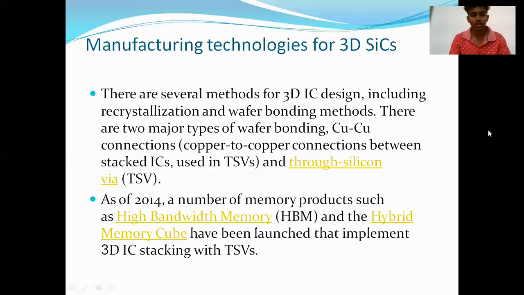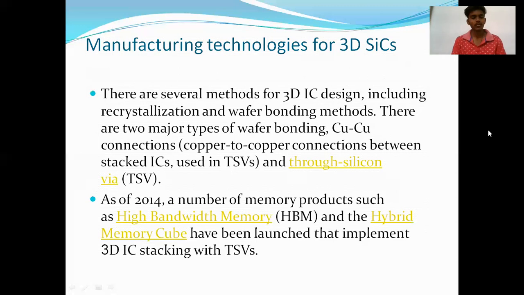Coming to manufacturing technologies for 3D ICs, there are several methods, including recrystallization and wafer bonding. There are two major types of wafer bonding, including copper-to-copper connections between the stacked ICs, used in TSVs, through-silicon vias.